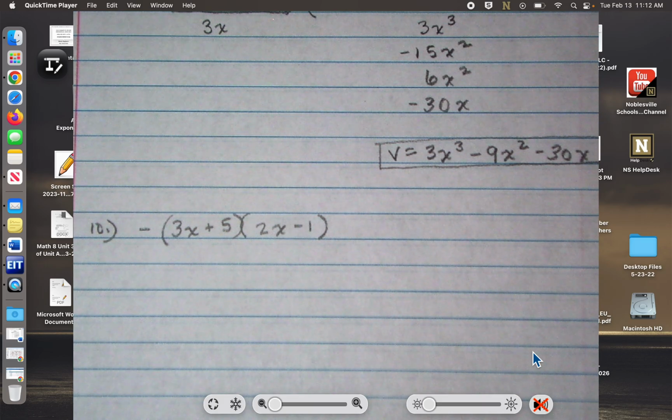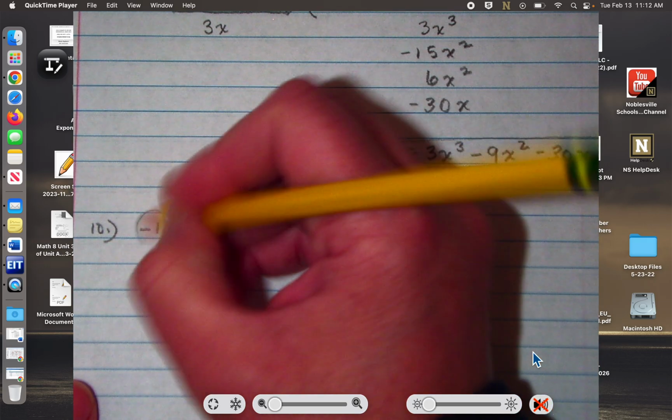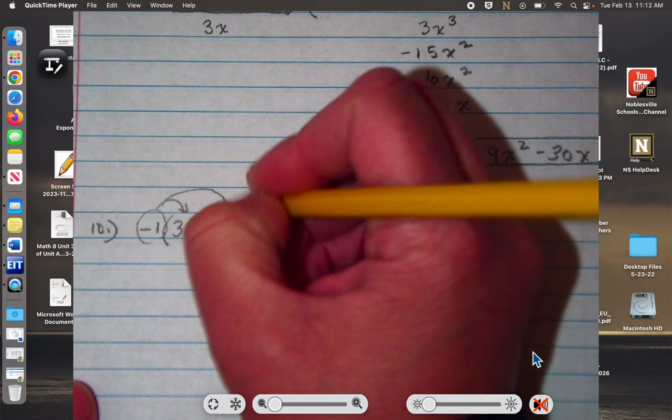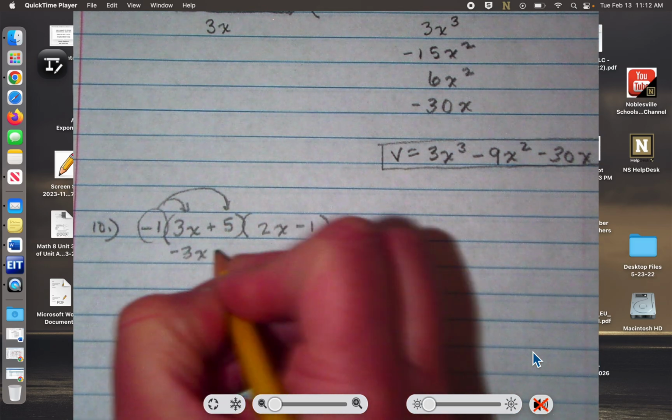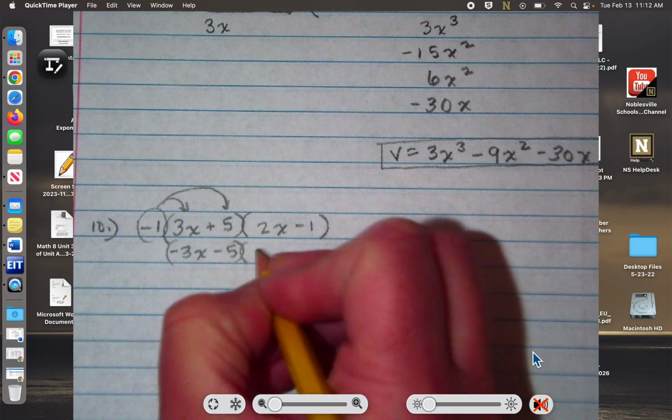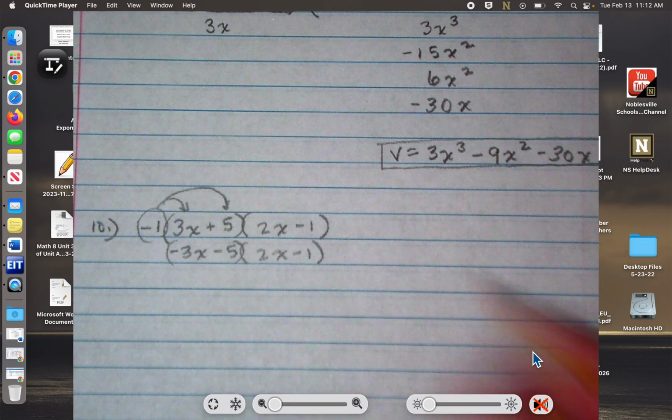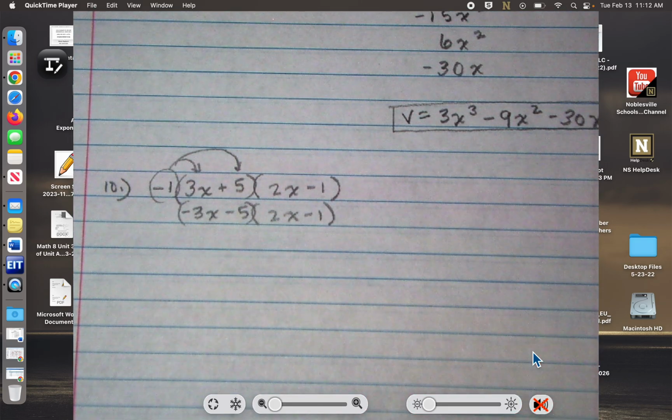So we'll just distribute the negative. So you have to distribute the -1 to the first quantity. So really I'm going to have -3x minus 5 times the 2x minus 1. And now you can FOIL.